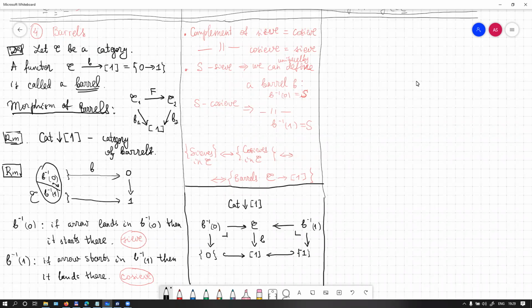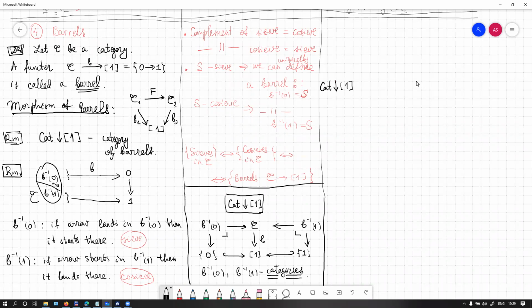Every object here is a category. So here, B minus first of 0 and B minus first of 1 are categories. So we have defined a functor.